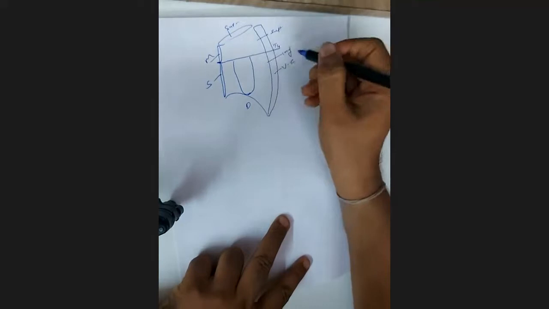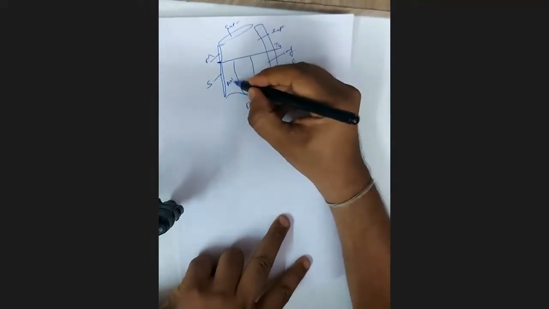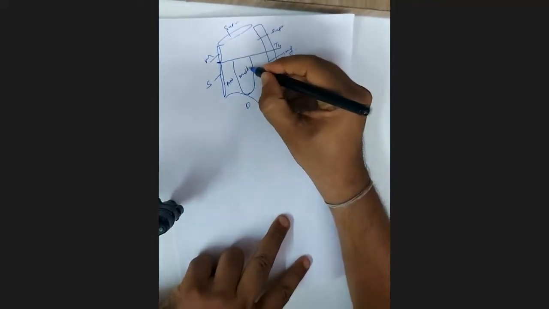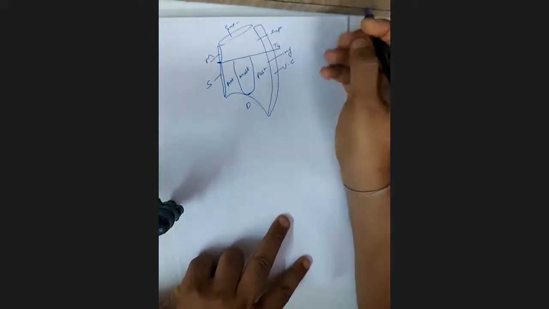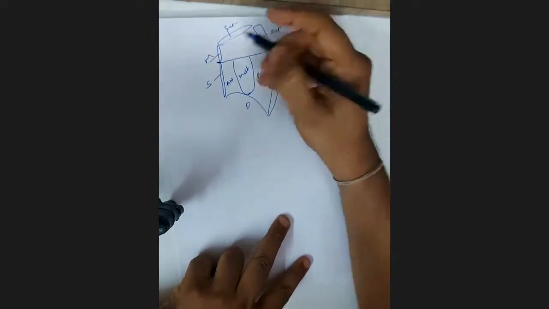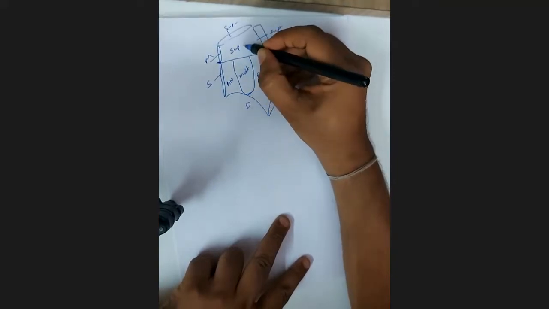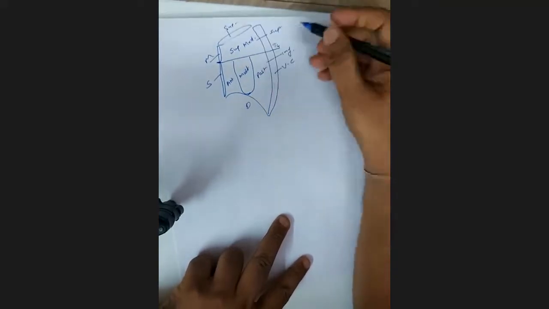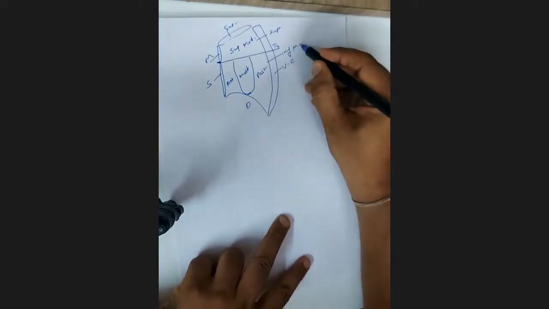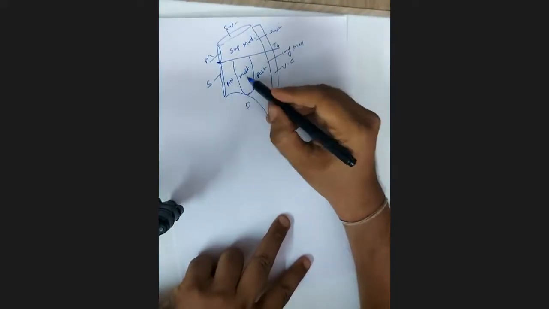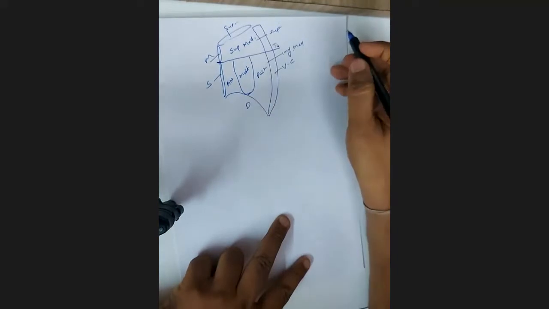The inferior mediastinum is further divided into the anterior mediastinum, middle mediastinum, and posterior mediastinum. So there is the superior mediastinum and the inferior mediastinum, and the inferior mediastinum is divided into anterior, middle, and posterior mediastinum.